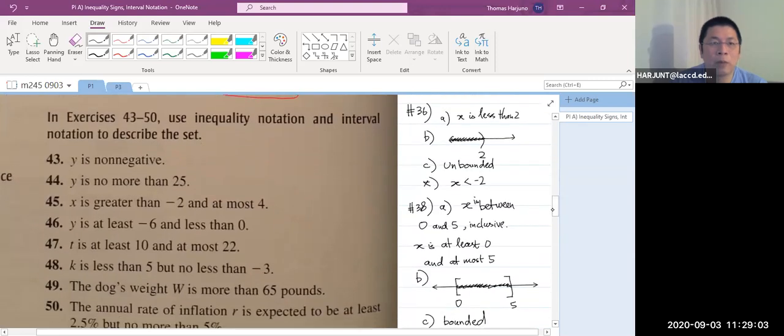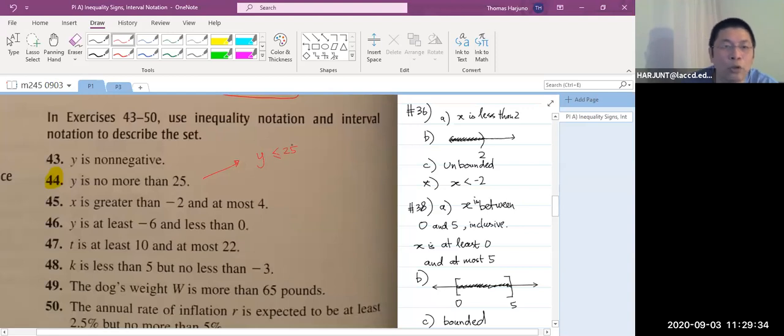Now, how about number 44? Use inequality notation and interval notation to describe the set. Y is no more than 25. Y is not more than 25, so it must be less than or equal to 25.